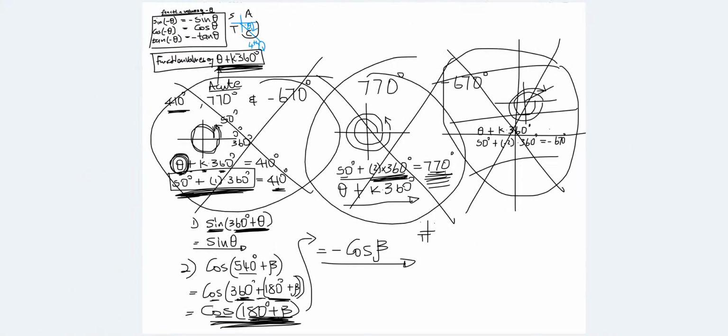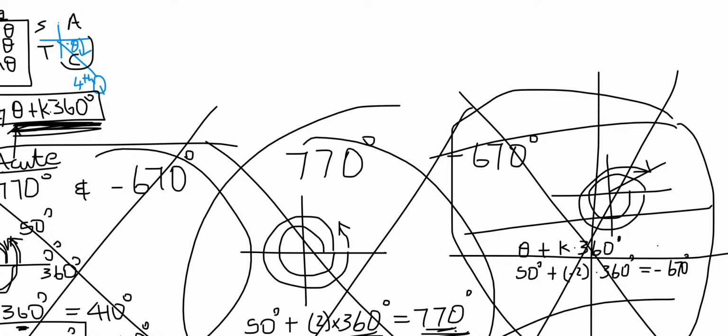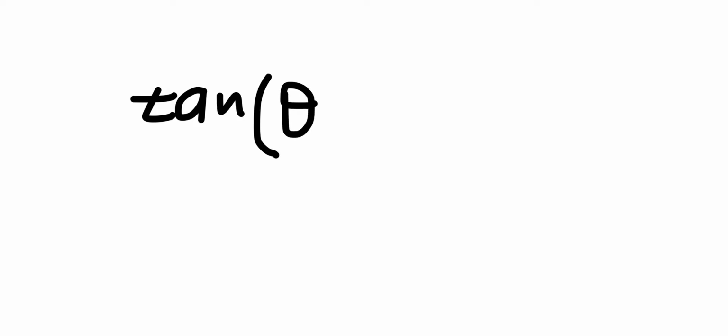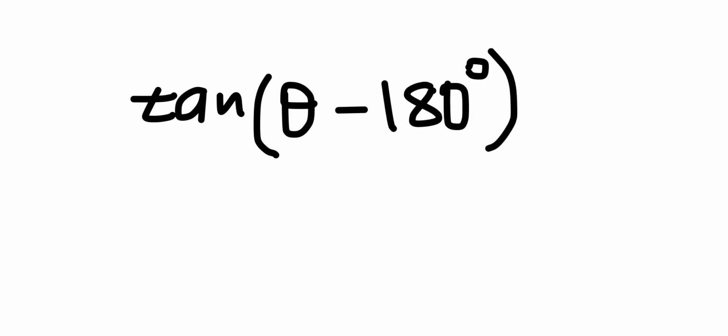So let's see, what else can we do? Do we have enough space? I'll just try to force something here. Okay, let's say we have tan, with theta there, and let's say minus 180 degrees there.